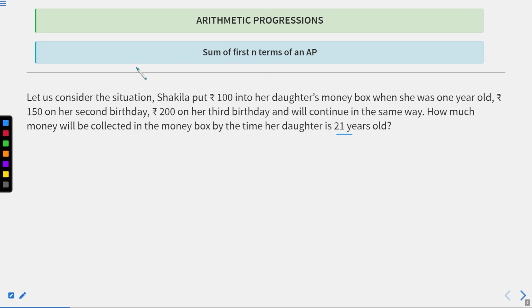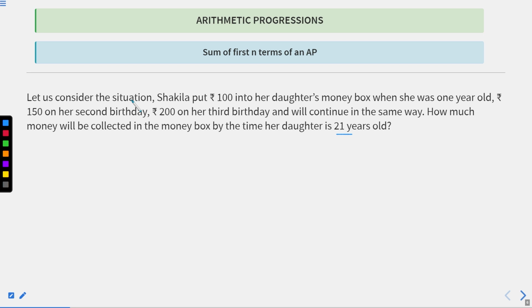So in this example, Sakila put 100 rupees in her daughter's money box when she was 1 year old. When she was 2 years old, that means her second birthday, she puts 150 rupees, and she puts 200 rupees on her third birthday, and continues this process.